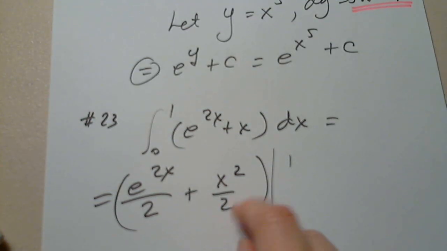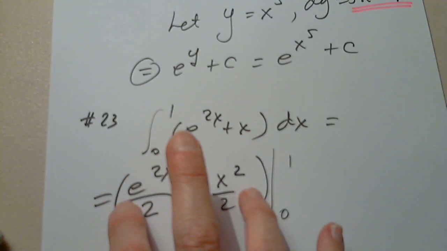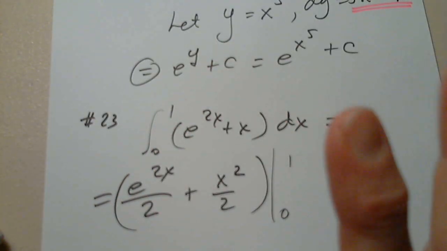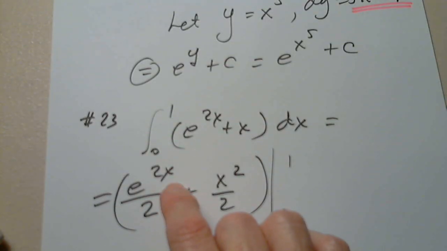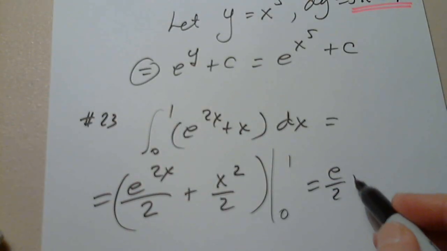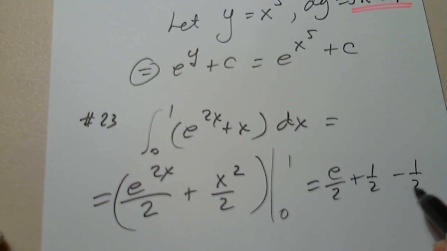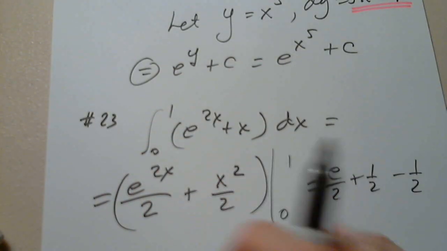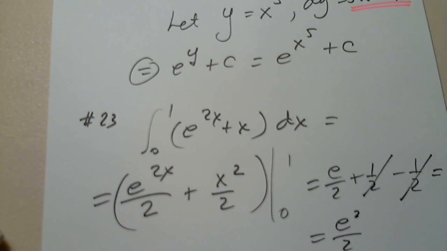When I differentiate x squared over 2, I bring down 2, simplify, and I get that. So this is the antiderivative of this function. But now I have to plug in 1 and then subtract when I plug in 0. So when I plug in 1, I have e divided by 2 plus 1/2 minus. When I plug in 0, I have 1/2 for the first term and 0 for the second. These two go away, so the answer is e divided by 2.